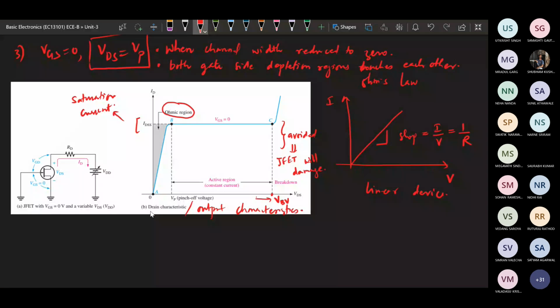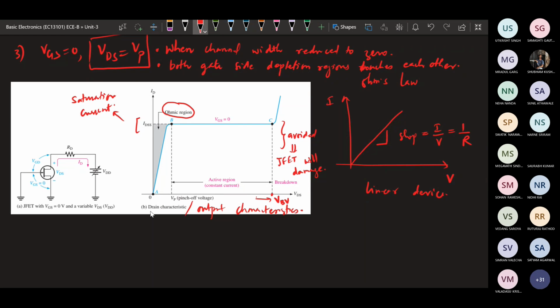So generally if we are going to operate the FET as an amplifier, this FET can work as an amplifier, so we need to operate it in this active region. Okay, so generally the saturation region is also called the current saturation region or the pinch off region.